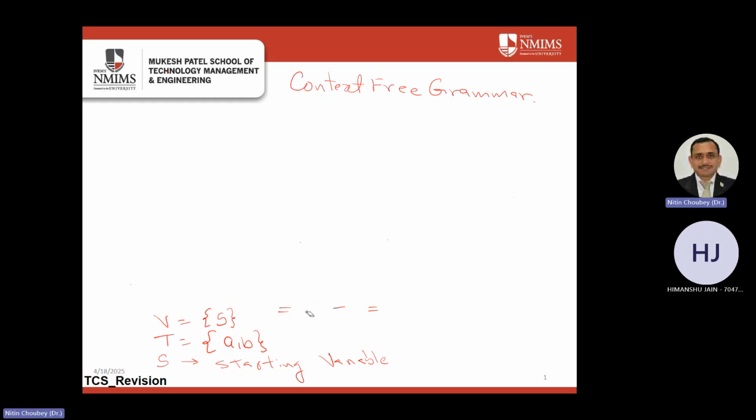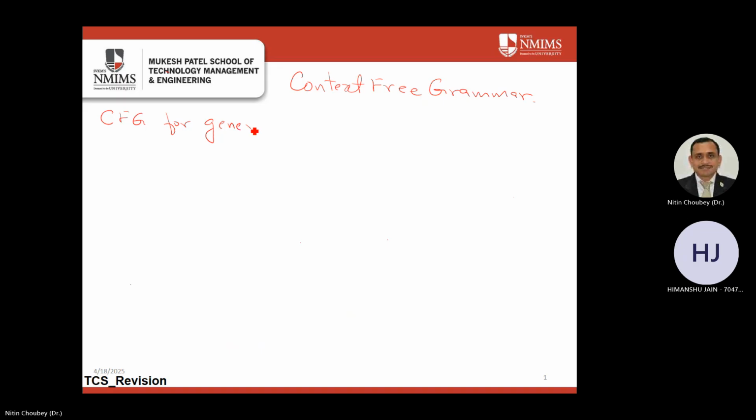Now we'll see the first example of grammar, how to construct the grammar. We'll see the construction of a grammar which will generate the set of palindrome strings. CFG for generating palindrome strings over A comma B. Now what does it mean?